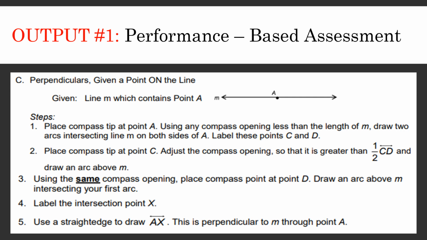Okay, for letter C, perpendiculars given a point on the line. Given line M which contains point A, we have here 5 steps to follow.